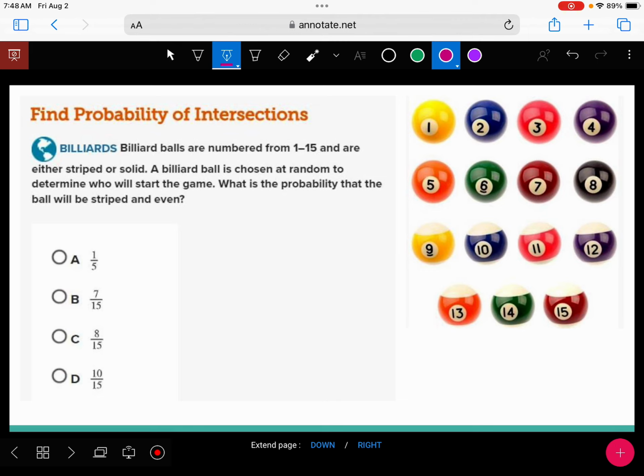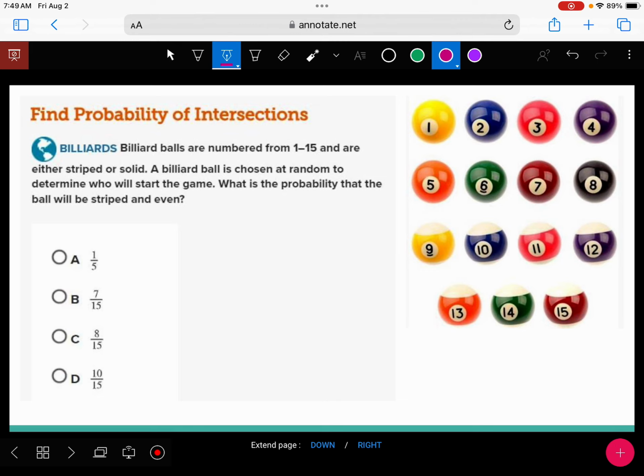So, because this is technically from the textbook that we're not using. So we've got that billiard balls are numbered from 1 to 15, and they are either striped or solid. So we are picking a random ball, and we want to know the probability of its event. We want to know the probability that the ball is striped and even.